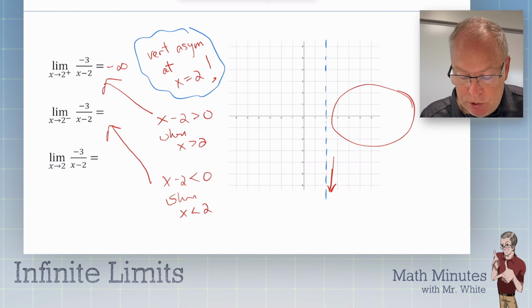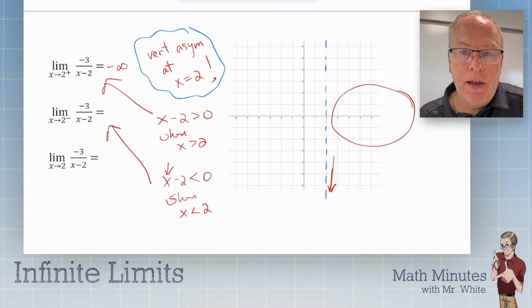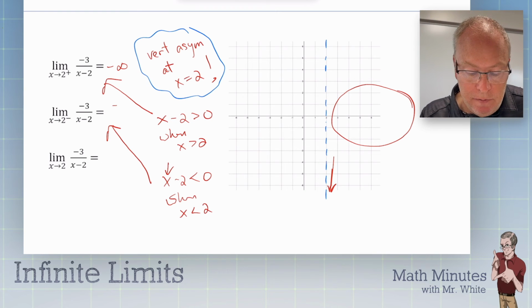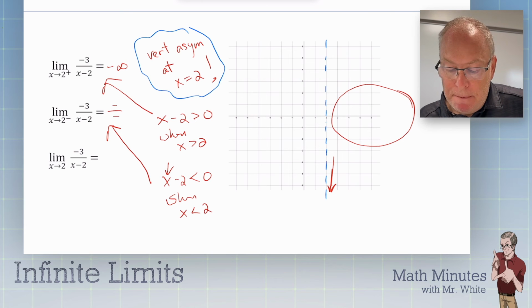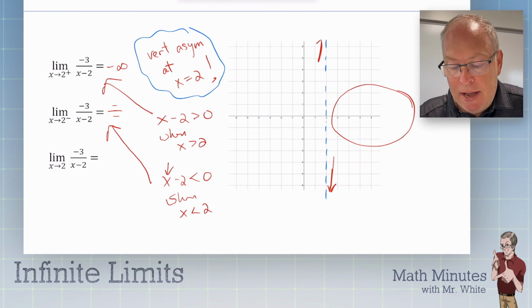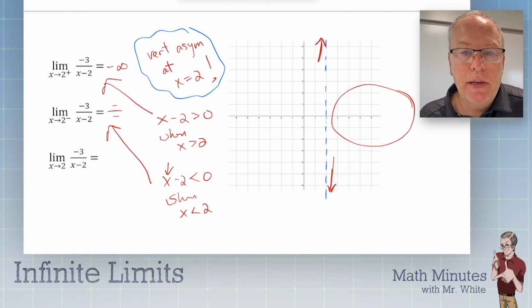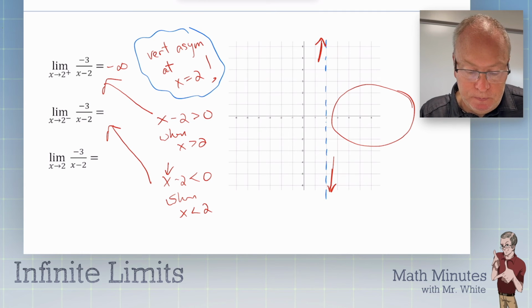All those numbers, if we plugged them in right here, would give a negative value. So what is a negative divided by a negative? Positive. That means on this side, this thing is going to positive infinity. Let's fill in that answer. Positive infinity right there.